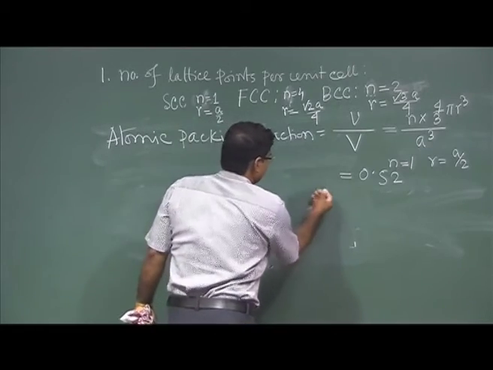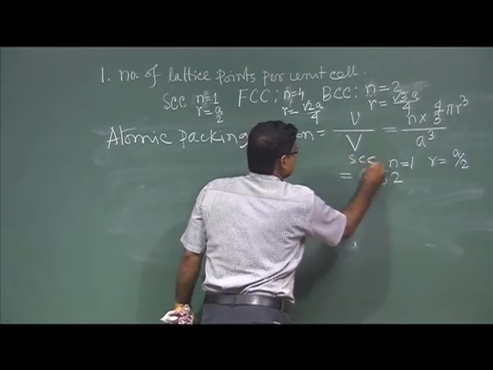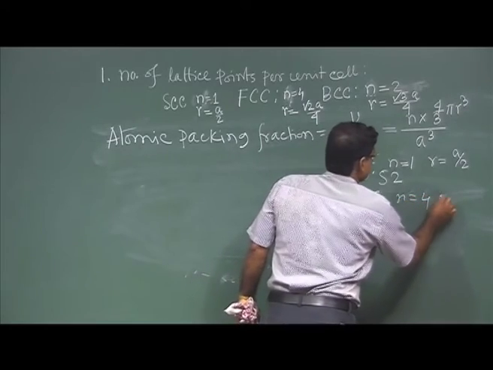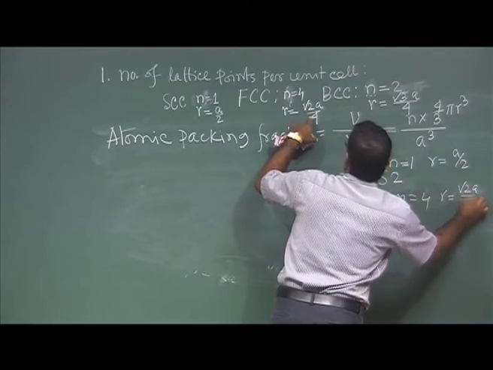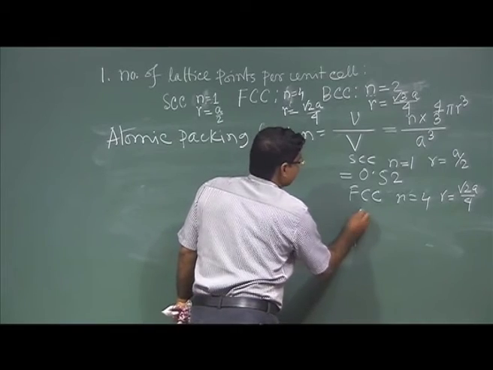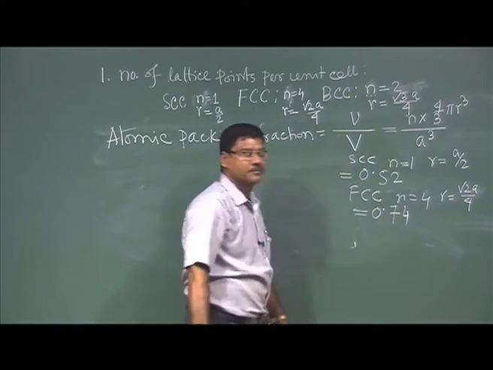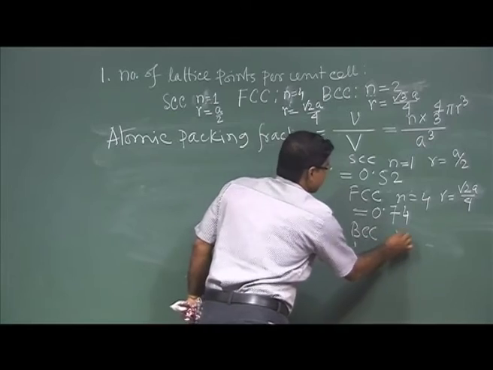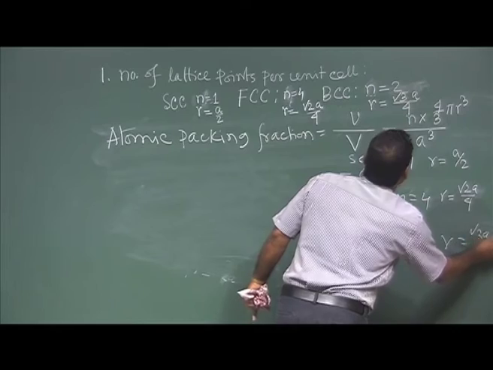Similarly for FCC, n equal to 4 and r equal to root 2 a by 4. Then you calculate this packing fraction and you will get 0.74. Similarly for BCC, n equal to 2 and r equal to root 3 a by 4.